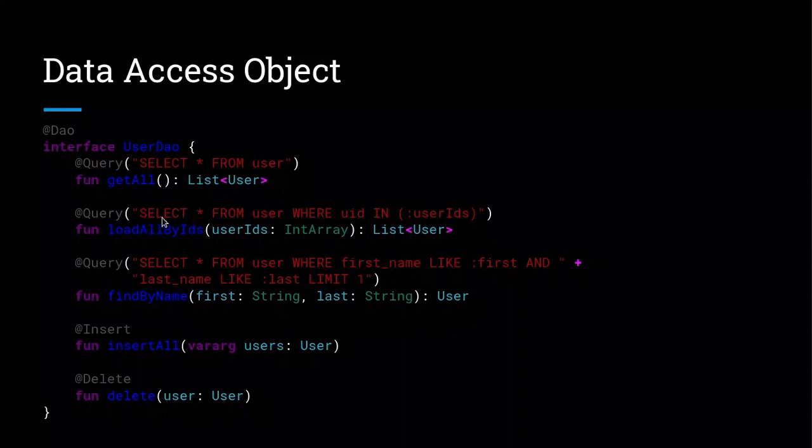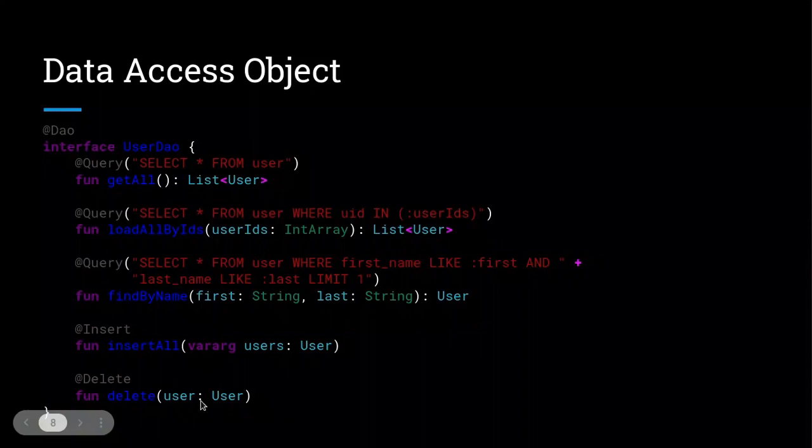And for example, here we have other convenient annotation methods like @insert here, which is going to help us to insert the users. So we don't even have to write the raw SQL statement in order to get the user data. So for this case, we can just write @insert and room will actually do the hard work. And also we have another one, which is just @delete. And then we can just pass in the data which we want to delete.